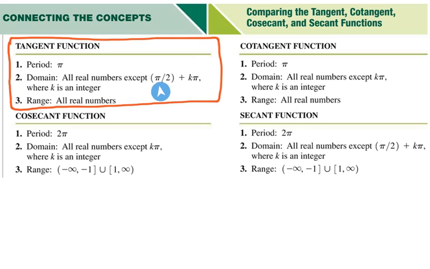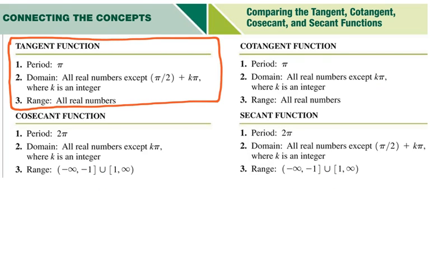You need to know the domain has these values that we leave out. And then the range is all real numbers. Now, cotangent has a very similar domain, but instead of pi over 2 plus pi k, it's 0 plus pi k. And then cosecant and secant, theirs are a little bit trickier.